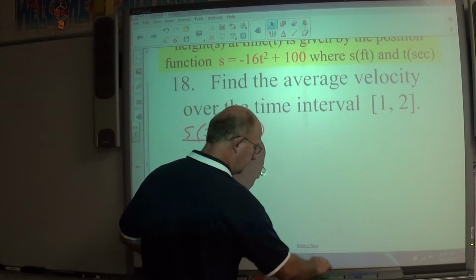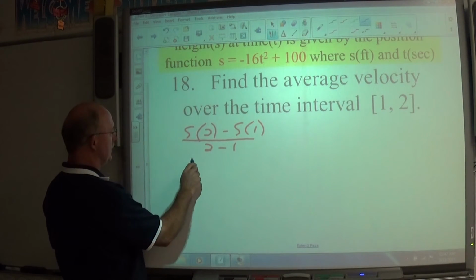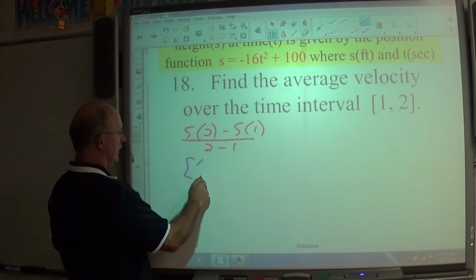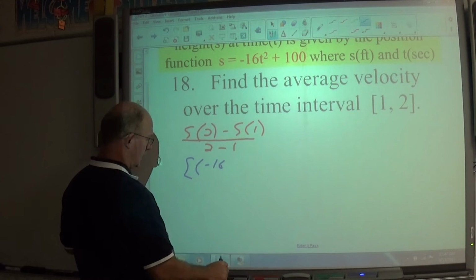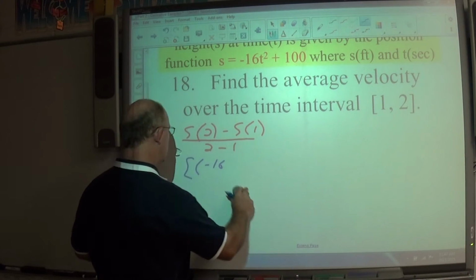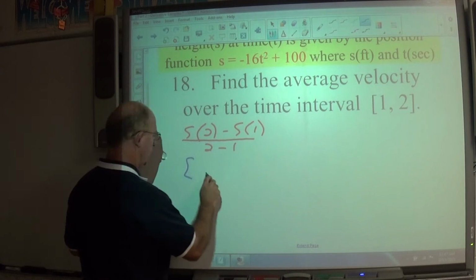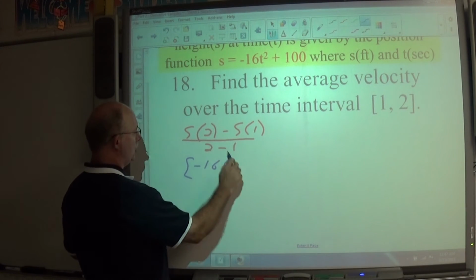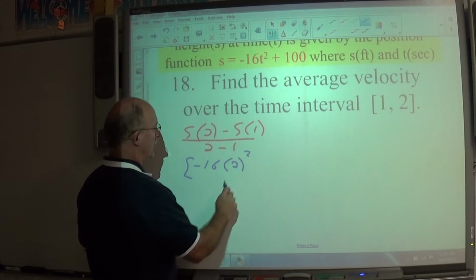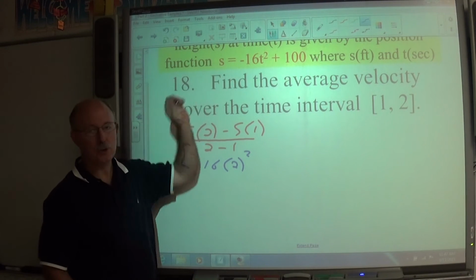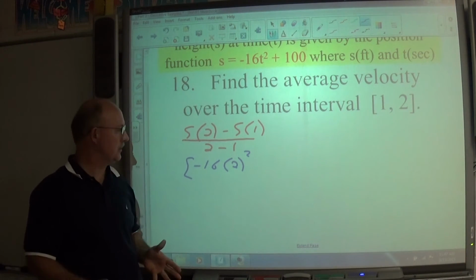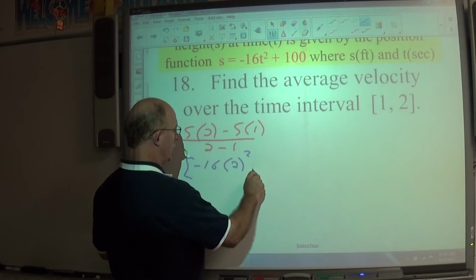So as we set this up, put this in brackets. This will be negative 16t squared, so negative 16 times 2 squared plus 100. Remember, for s of 2 you're just substituting 2 into your position function for t.